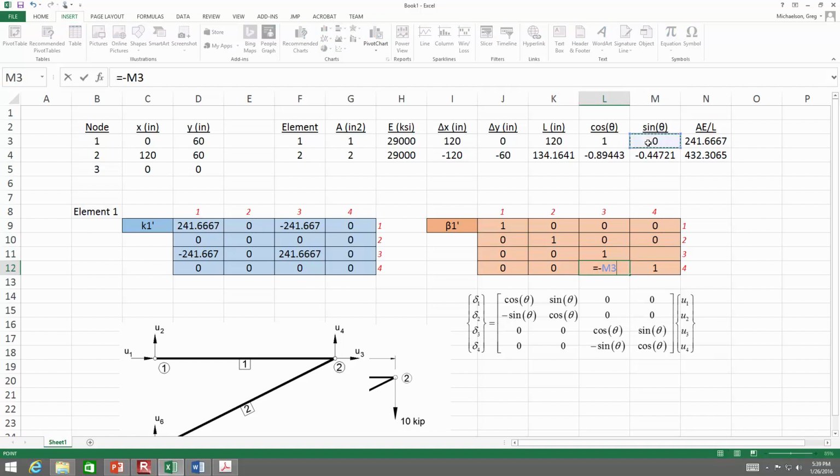Equals negative sine. Equals sine. Now, it just so happened that this particular member had 1s along the main diagonal and 0s everywhere else. Hence, we're dealing with an identity matrix. Very possible that we could deal with something different. Very possible.